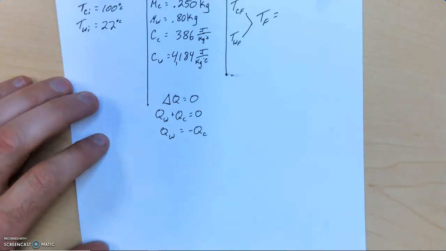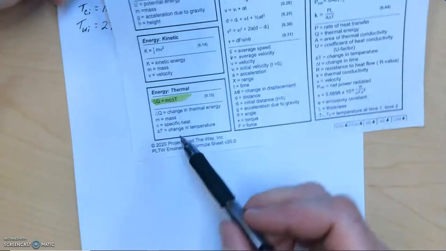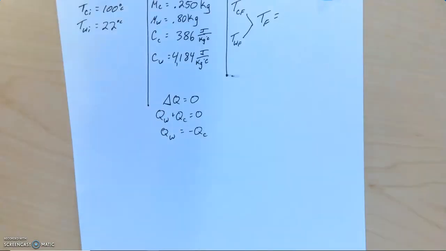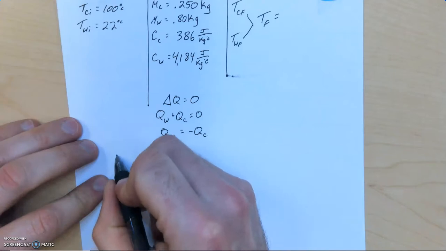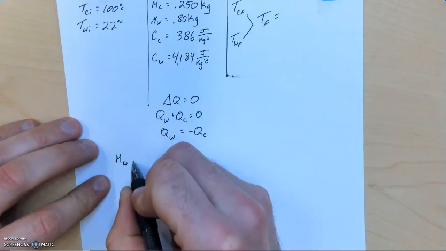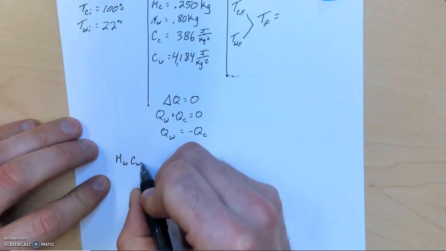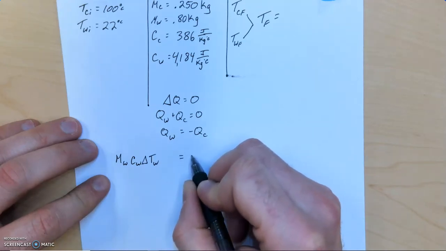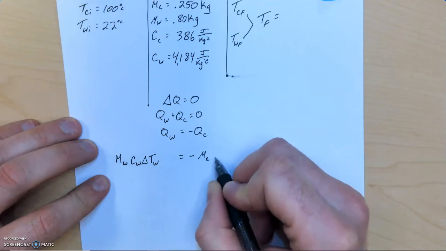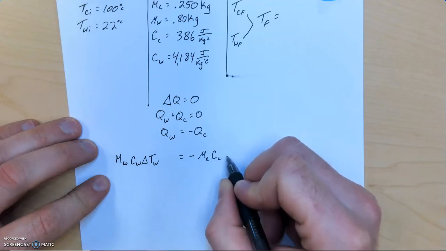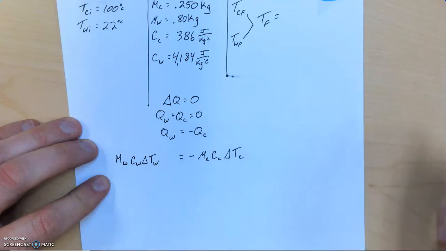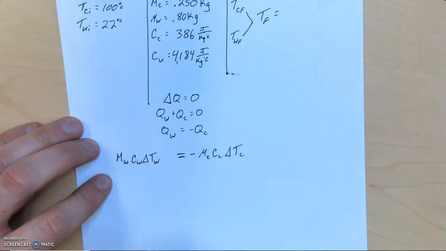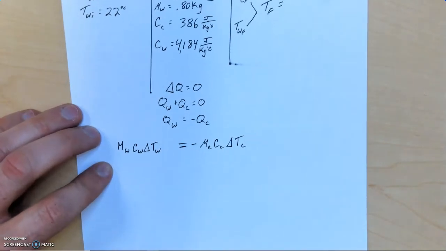This time we're going to use the whole formula. It's on our formula sheet right there. We're going to use that for both sides. So mass of the water, specific heat of the water, times the temperature change of the water is going to equal minus the mass of the copper, specific heat of the copper, and the temperature change of the copper. I'm going to try and keep my equal signs in the middle as we go back and forth.